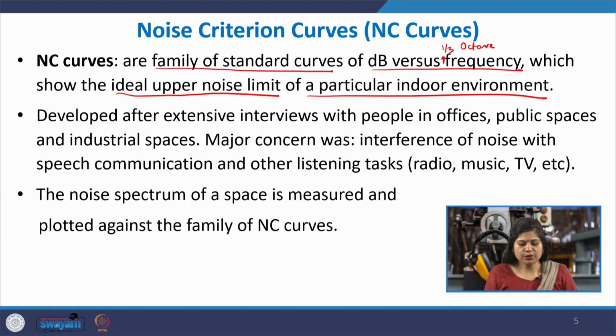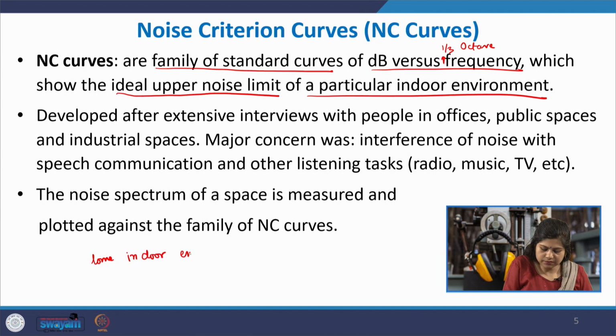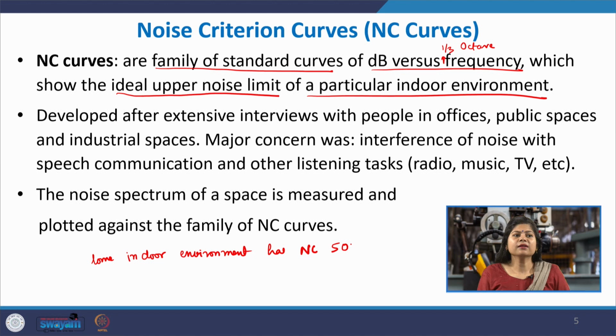So, suppose some indoor environment has an NC value of 50. That means there is a family of curves, and let us say this is the curve belonging to NC 50.